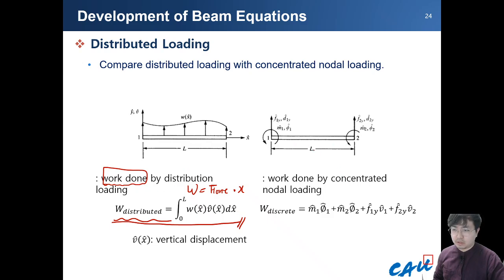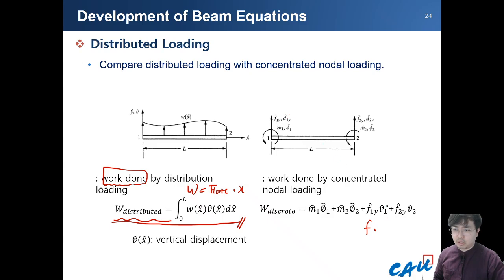The second case is after changing to the point load and point momentum. We can also calculate the work done by this first nodal force, which is F times the movement. In the textbook they use the variable D for the displacement value.